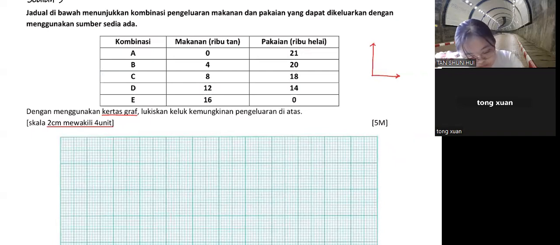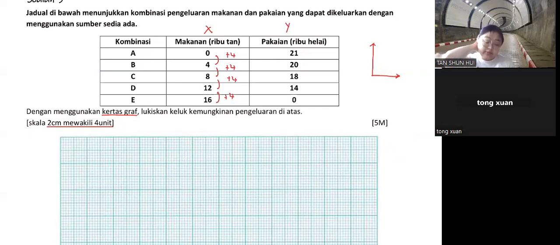Like you see, 0 to 4 plus 4, 4 to 8 plus 4, 12 plus 4, 16 plus 4. Constant one, then it is the x-axis. The y-axis normally is not constant. Like you see, this is 1, this is 2, this is 4, this is 14. It's not constant. So this one will be the y-axis.